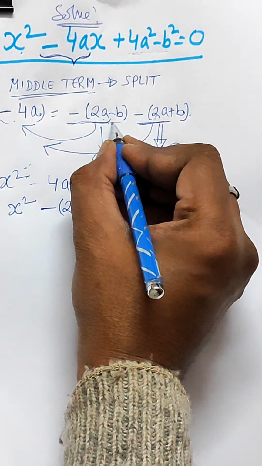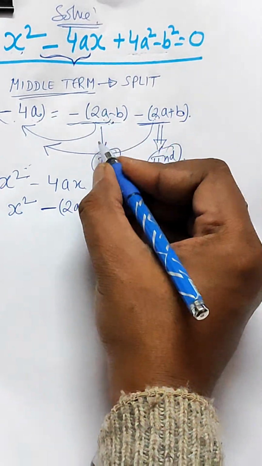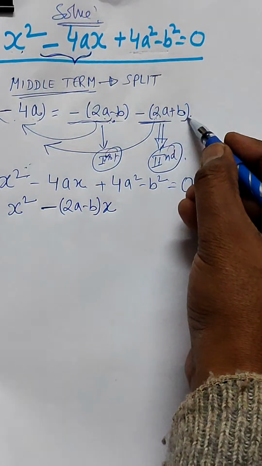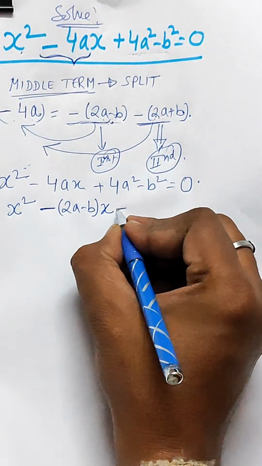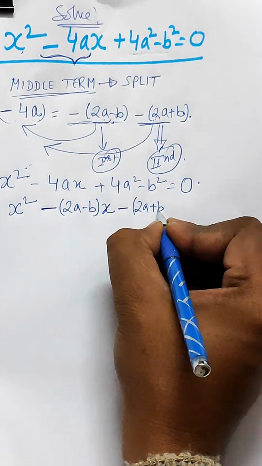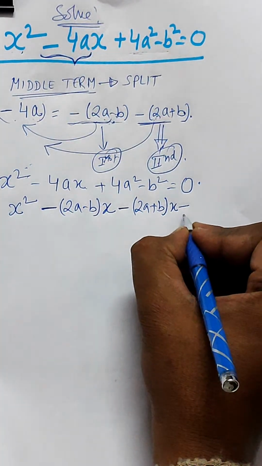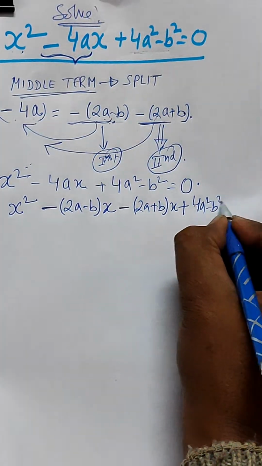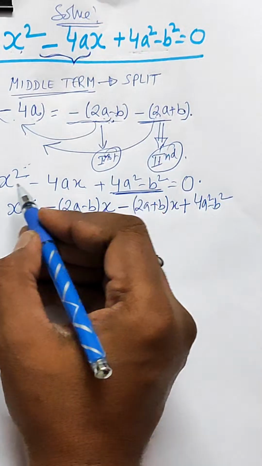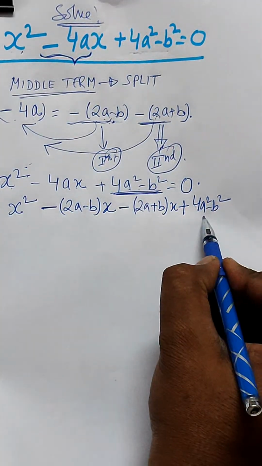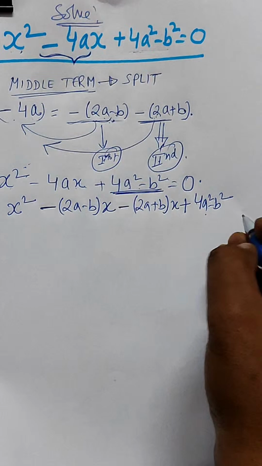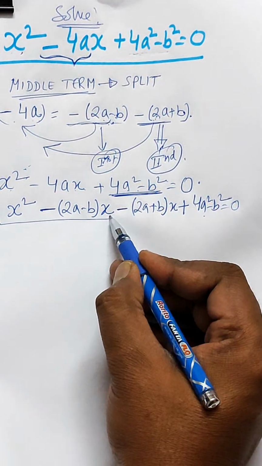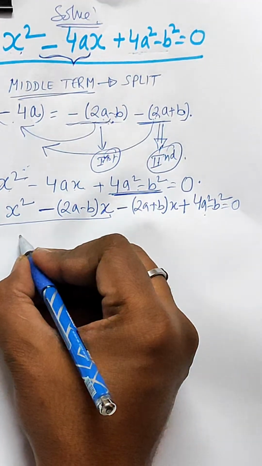This you can consider the first term, and the second term is minus times 2a plus b into x, plus 4a square minus b square, which is c. Ax square plus bx plus c. So this is c, which is already present over here, right? Equal to 0.